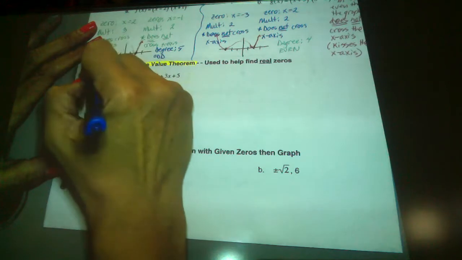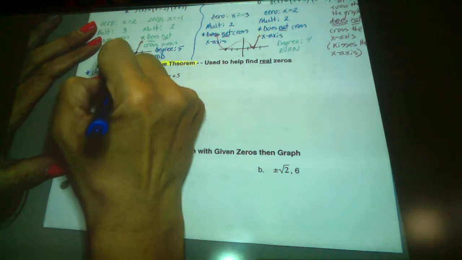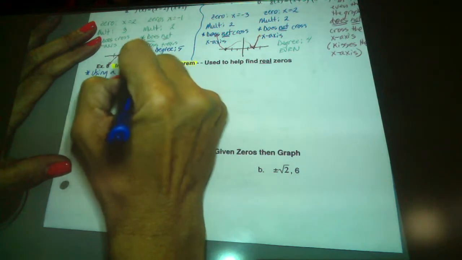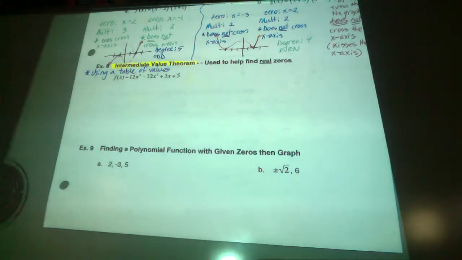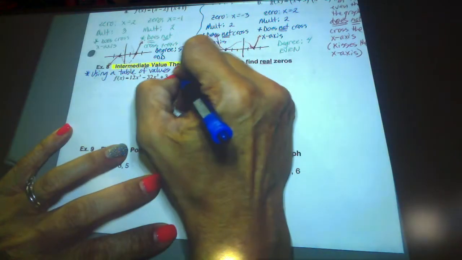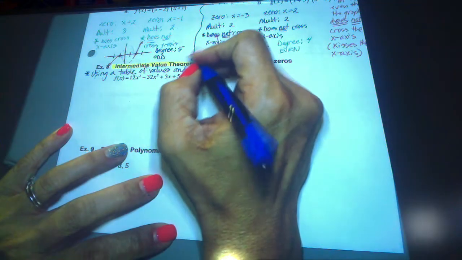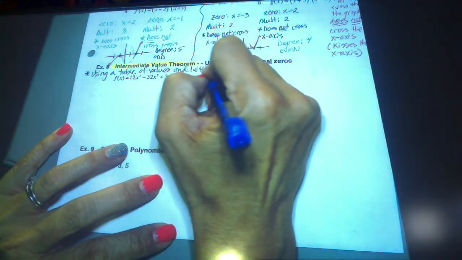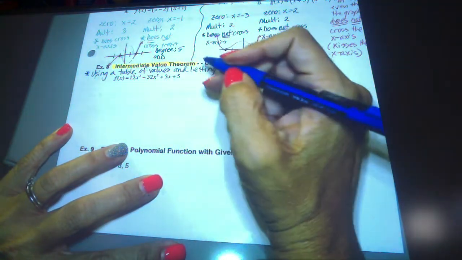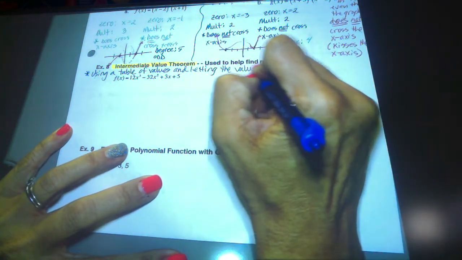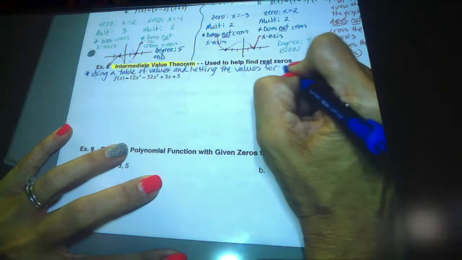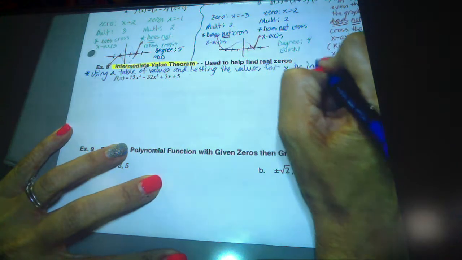So using a table of values, and again, I've taken what your book has written and I've tried to simplify it for your needs. So this is an XY table, and letting the values for x be integers.